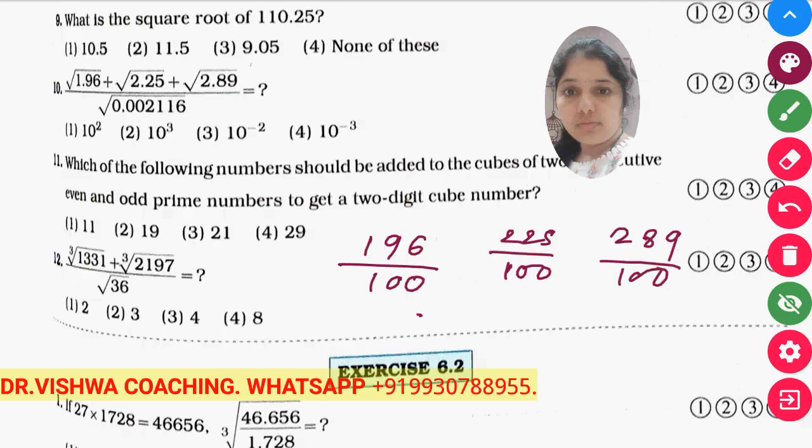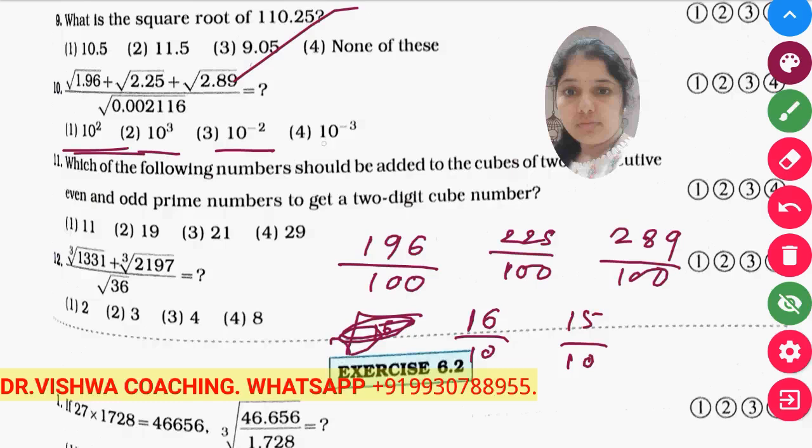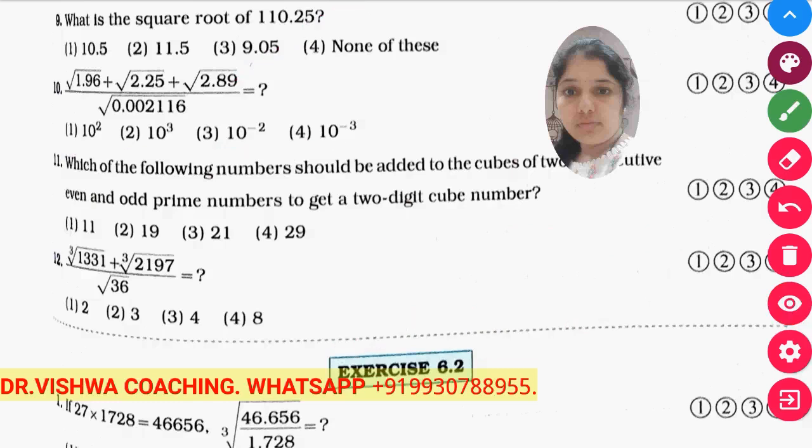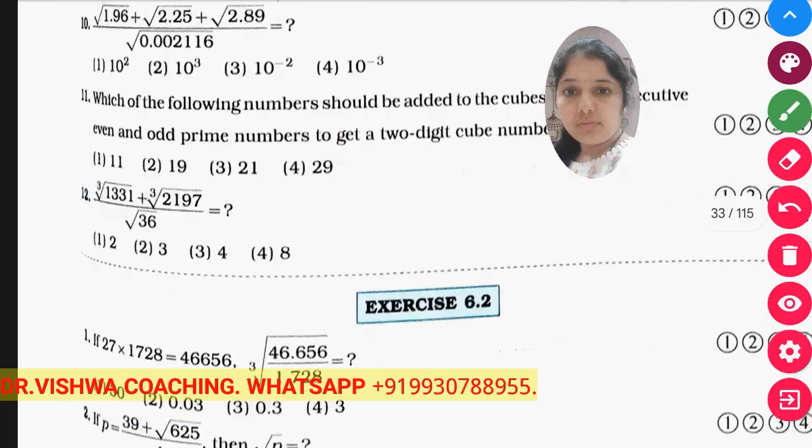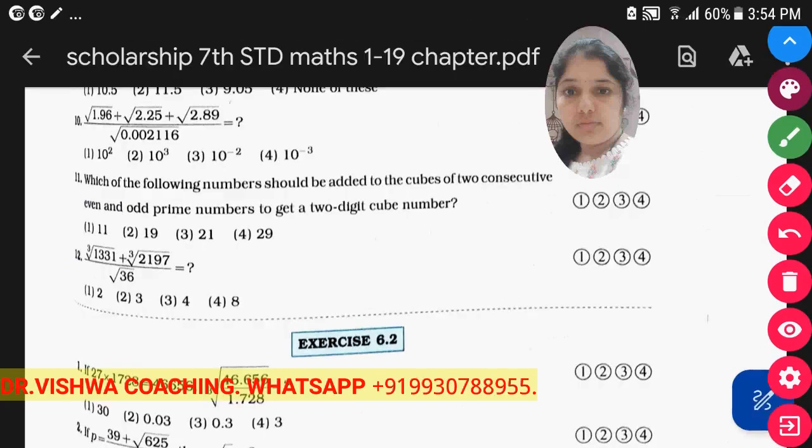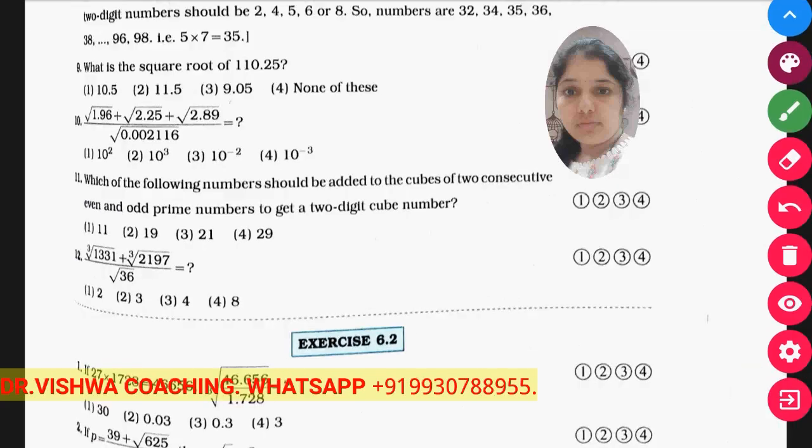Now the square root becomes 16 by 10, 15 by 10 and like this. So you will get the answer as 10 raised to 2 or 10 raised to 3 or 10 raised to minus 3 in the form of that only. Okay, so here also you have to do the same thing. 10 raised to 6 means 10 raised to 3.